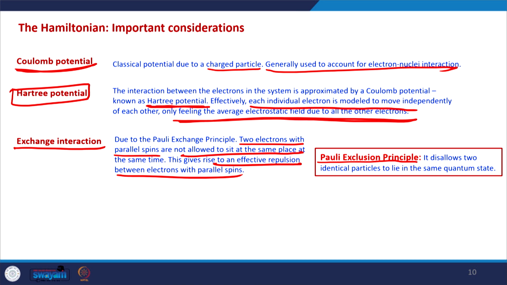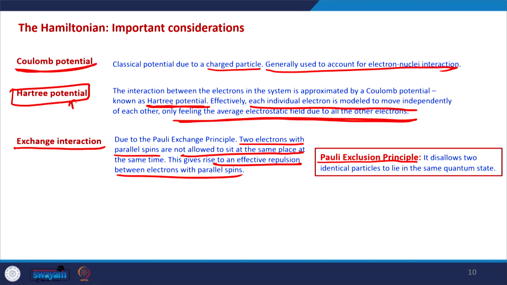It is not an electrostatic repulsion in a way, because electrostatic repulsion is modeled by the Hartree potential. It is entirely a quantum mechanical kind of interaction that arises because of Pauli's exclusion principle, where two electrons with identical spins cannot be at the same place.